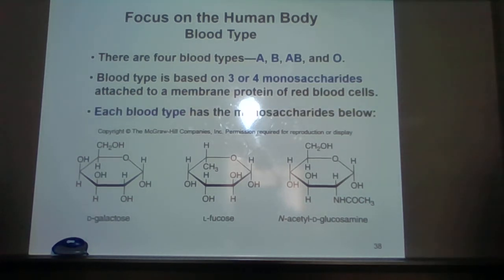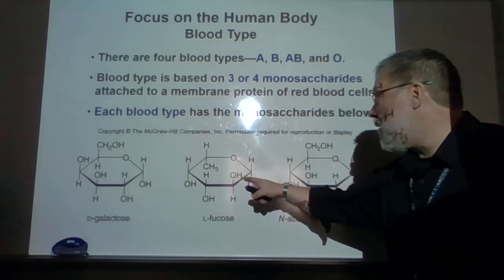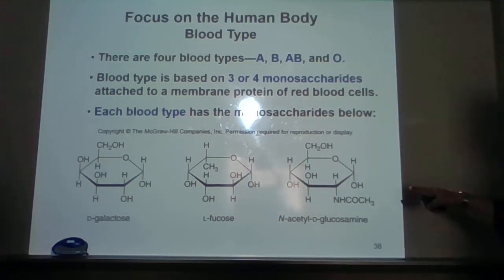Each blood type has these monosaccharides associated with them. So D-galactose, L-fucose, and N-acetyl D-glucosamine, these are all the carbohydrates that are associated with determination of which blood type you have: A, B, AB, or O.